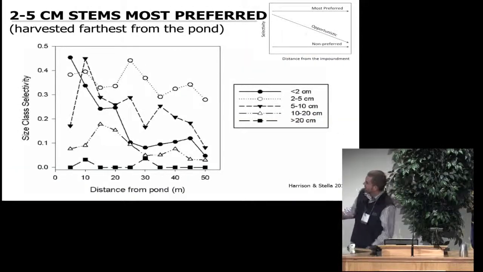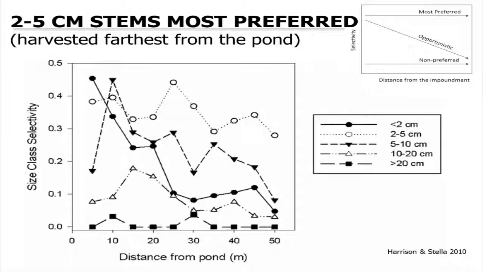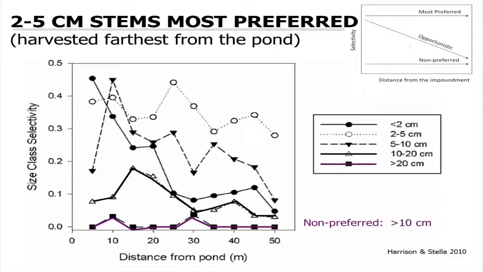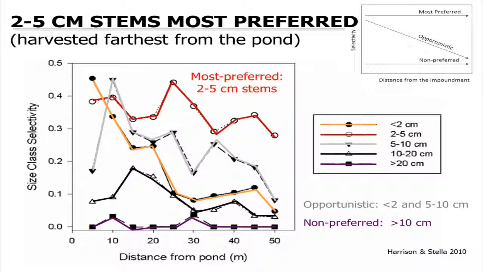So this is a graph here that's basically some work from John Stella and his grad student Anna Harrison, where they plotted out distance from pond, and what you see here, I'll just turn all these on, are different size classes, these different colors.